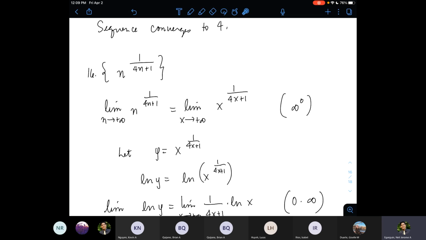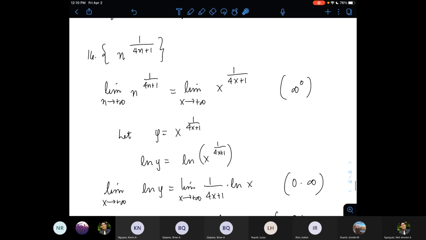It doesn't apply because the exponent is not an exact 0, but it is something that is very, very close to 0. I hope that's clear. And that's the tricky thing about limits. So you need to be careful when we write infinity to the 0. Here we mean that the exponent is something that is very, very close to 0.